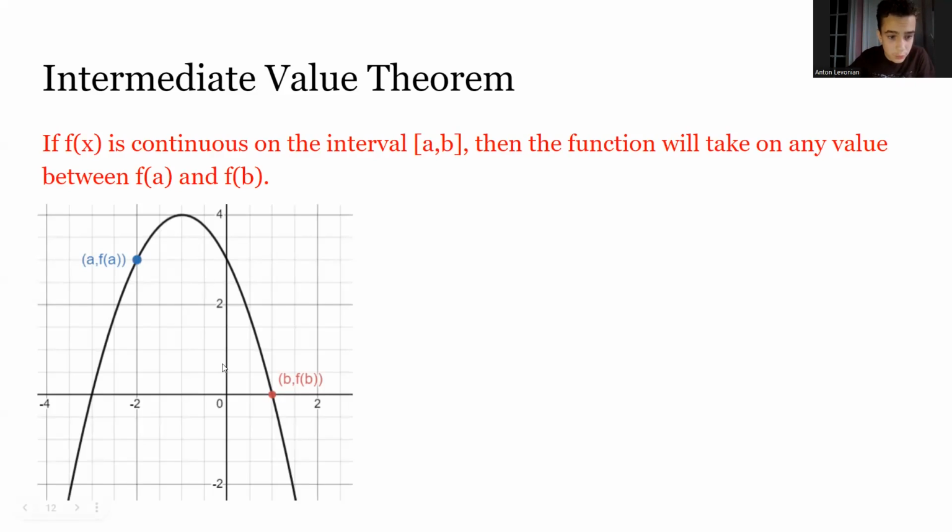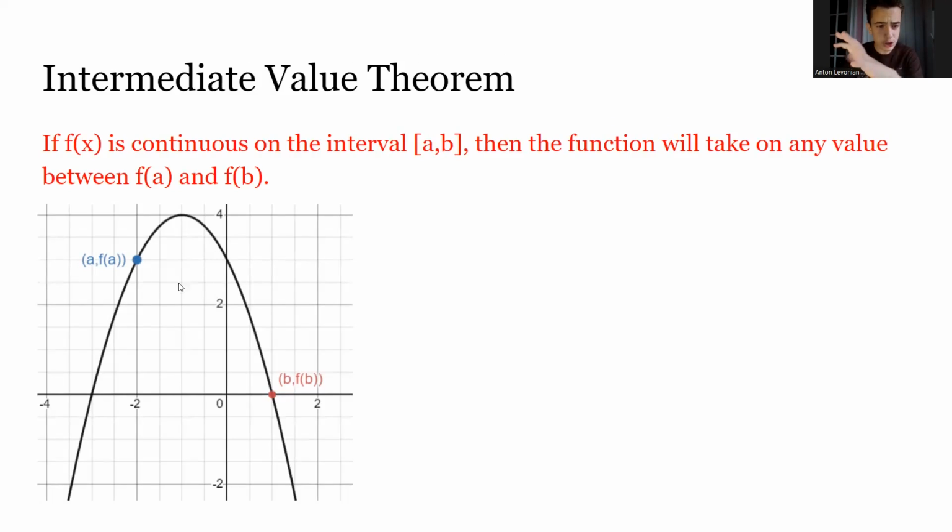So if we tried, for instance, not to take on the value f of x equals 2, if we try to avoid crossing over this line, as soon as we cross over this line, we will actually have passed through 2. So suppose we are trying to avoid that value, it would be impossible for a continuous function to cross this thing right here without actually being equal to it.